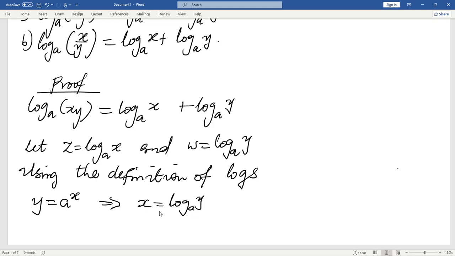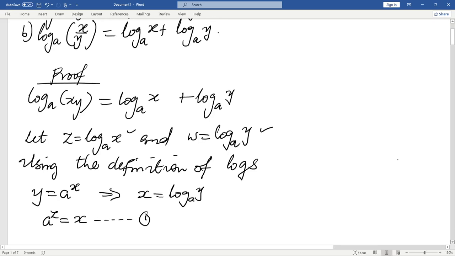We apply this to the two expressions we have, changing from logarithmic form back to exponential form. So we have a to the power z is equal to x. We name this our first expression.